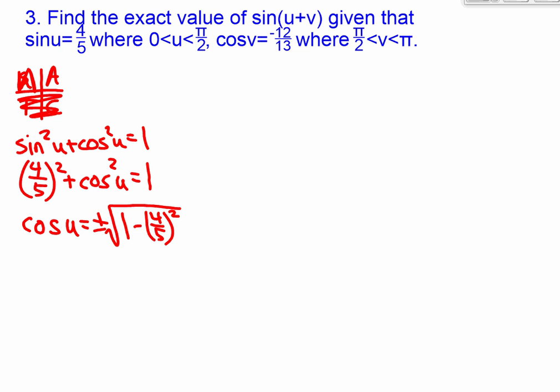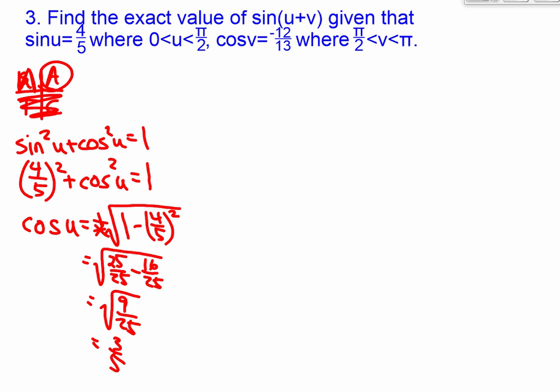I kind of skipped a few steps there, but just to make sure I know what's happening. And then since we know it's in that first quadrant, we can say, okay, it's going to be the positive square root. And 4/5 squared is 16/25ths. So I'm going to change 1 into 25/25ths minus 16/25ths. And so I get the square root of 9/25ths. And so I get 3/5.